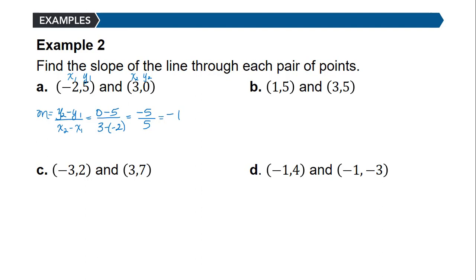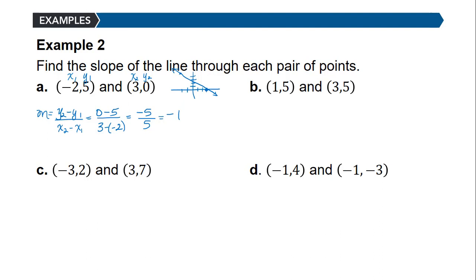So if we actually plotted those 2 points just to get a visualization of what that looks like, (-2, 5) is in quadrant 2, and then (3, 0) is on the x-axis. So notice that this line is going down from left to right, which is actually represented by the negative value of the slope.